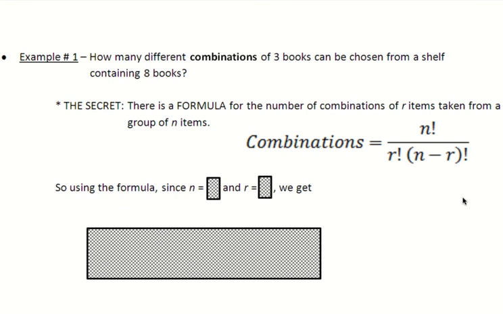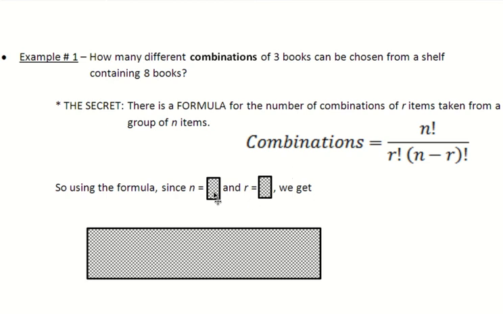On any calculator worth a darn, you're probably going to have this formula programmed into the calculator. In fact, you can find it probably exactly where you would find the factorial exclamation point, in a probability menu, a PRB menu or whatever.